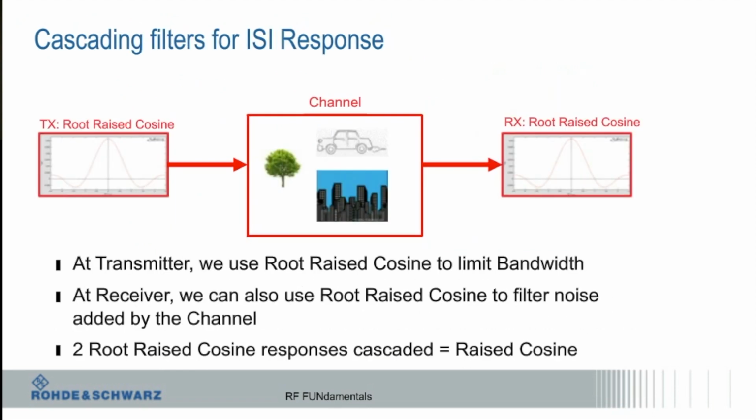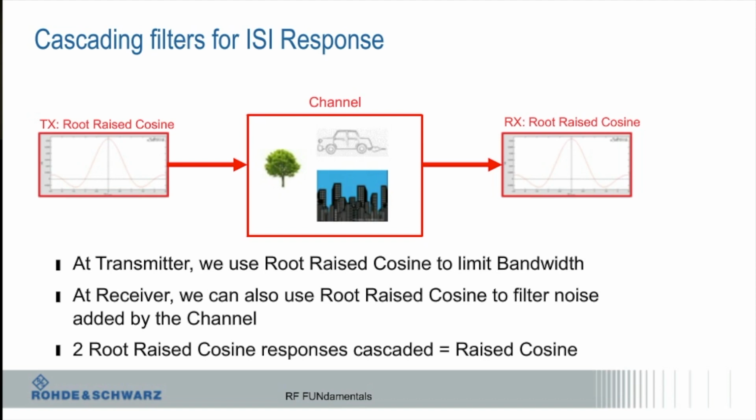Okay. So what they'll often do is use a combination of them. At the transmitter, they'll use a root raised cosine filter to limit the bandwidth. And I think we said that was the best one. And guess what? If you think about it from an architectural point of view, which side do you care less about being expensive and fancy? The base station, right?